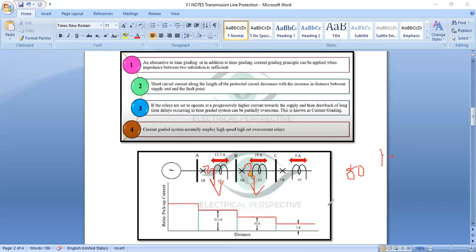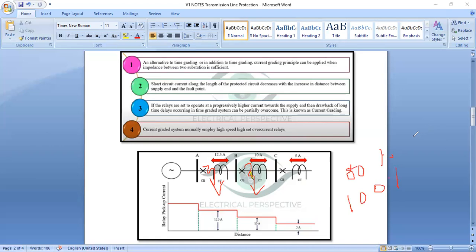So instead of the complete 100%, only 80% of the line will be protected. For this reason, current grading protection cannot be employed alone, and it is always supplemented by the time graded system.